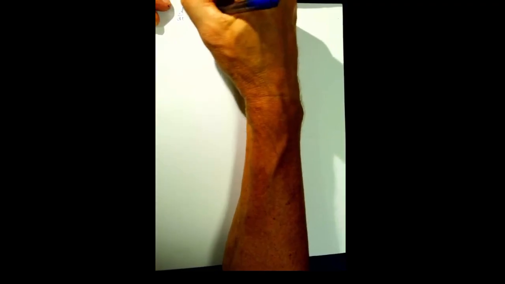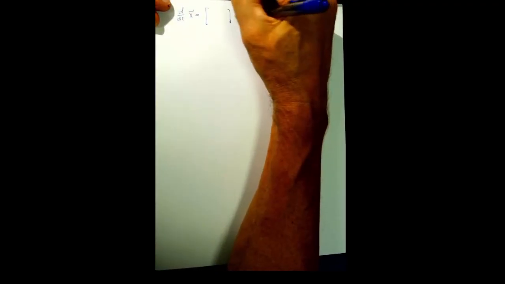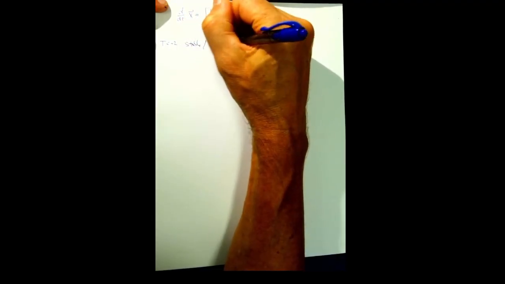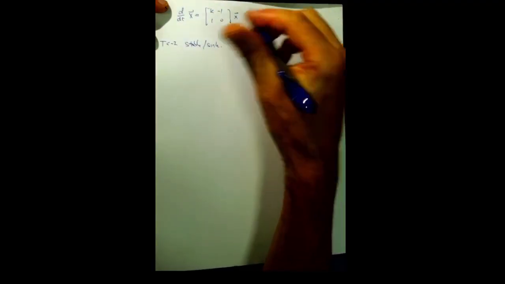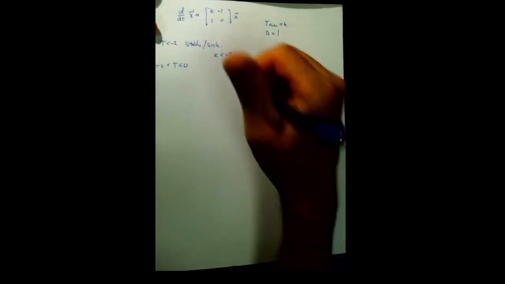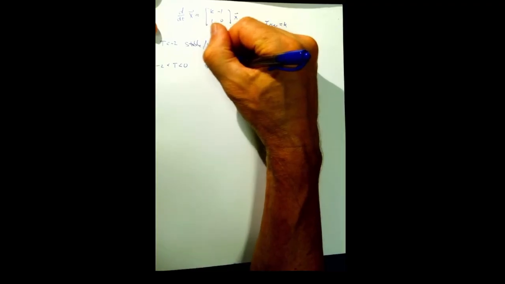So at this point, we have the derivative of x is equal to the matrix k, -1, 1, 0 times x. Trace is k. The determinant was 1. We know if t is less than minus 2, it's a stable sink. But the trace is k. So if k is less than minus 2, there it is. If my trace is between minus 2 and 0, then it's stable and it's oscillating.